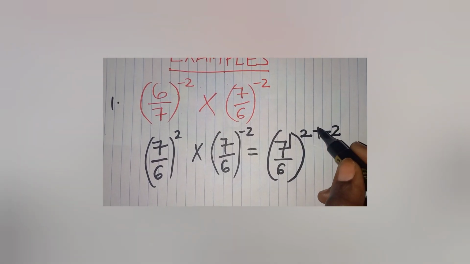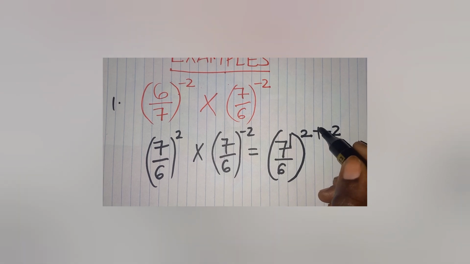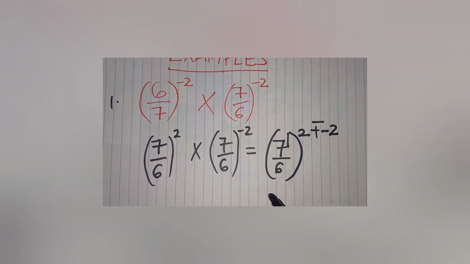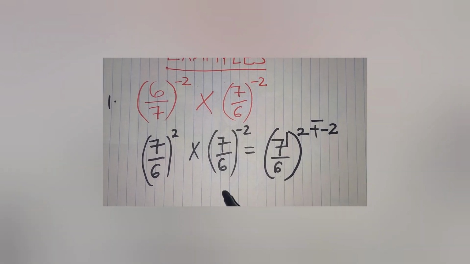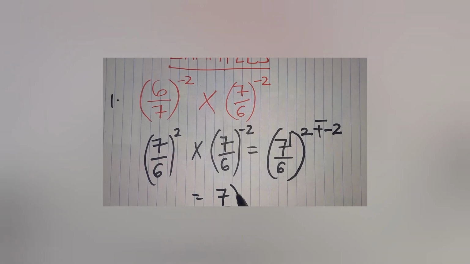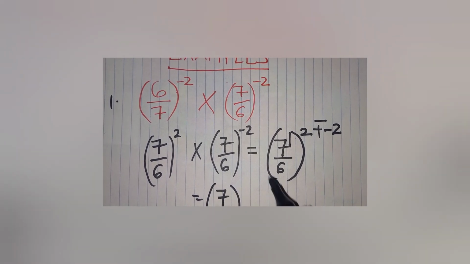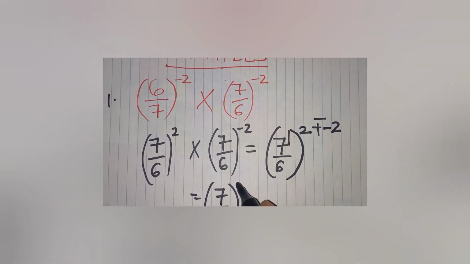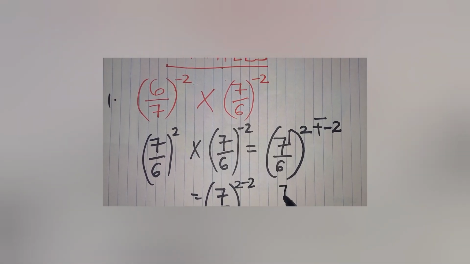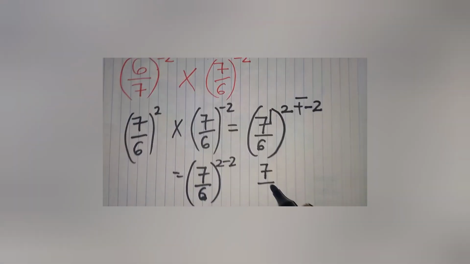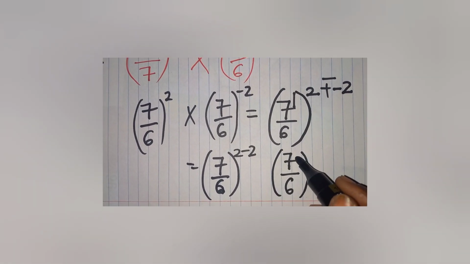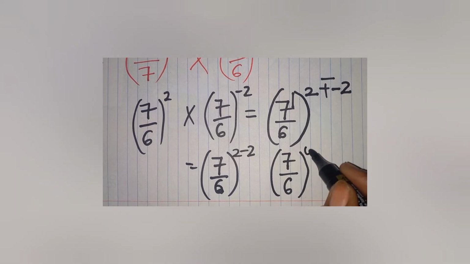If there is an addition with a positive sign and a negative sign like this, it will definitely change to a negative. So the answer here will be (7/6) raised to power 2 minus 2, and 2 minus 2 is 0. So this will be (7/6) raised to power 0.